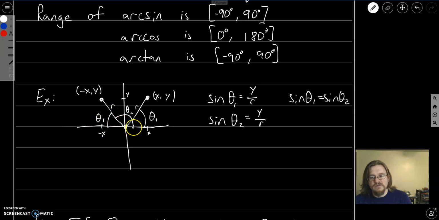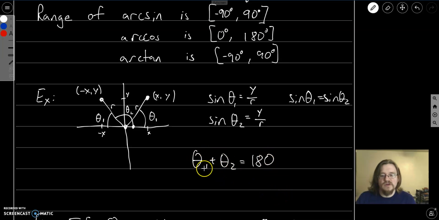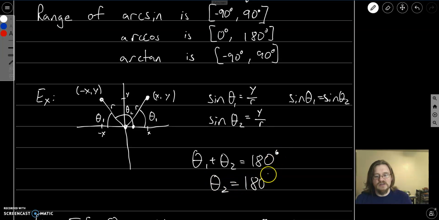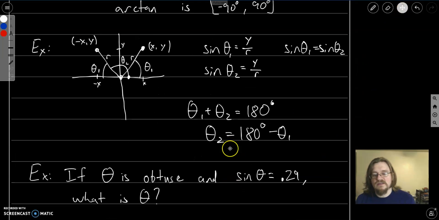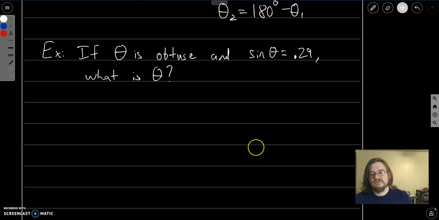So if I start from the positive x-axis and come all the way over here, we'll see that theta 1 plus theta 2 is 180 degrees. Or in other words, if I know theta 1, I can figure out theta 2 by taking 180 degrees minus theta 1. So let's do an example.